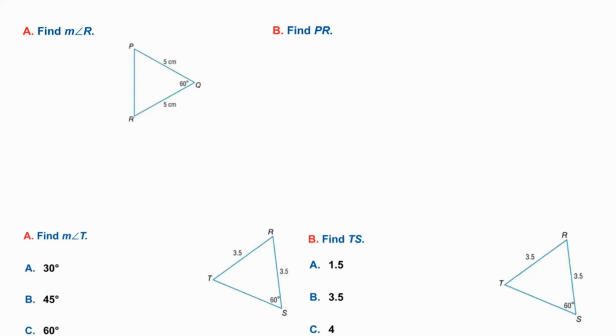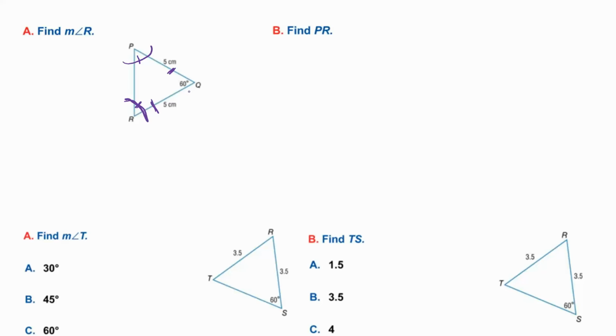So now we're asked to find the measure of angle R. So we're asked to find this measure right here. We're told that PQ and RQ are congruent because they both are 5 centimeters. So we know that these two base angles here have to be congruent.